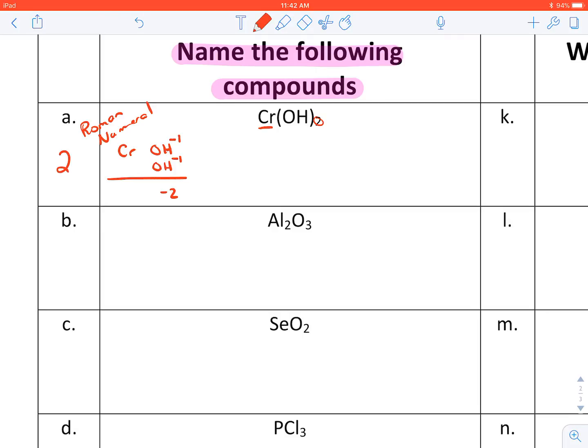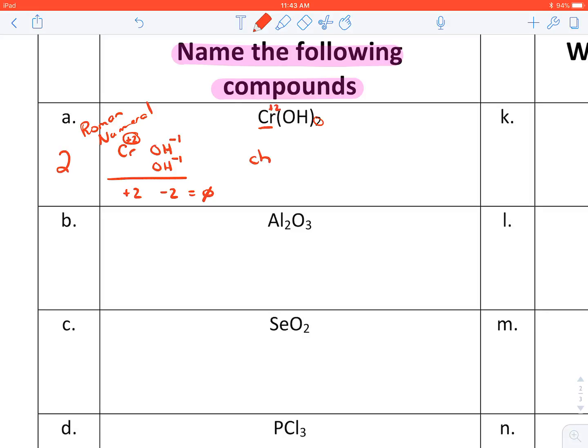So over here, we have to have all the negatives adding up to positives to make 0. So chromium has to be a +2 charge because that's the only option we have. We need +2 here to subtract out the -2 so they cancel out. So chromium has to be +2, and that's what our Roman numeral is about.